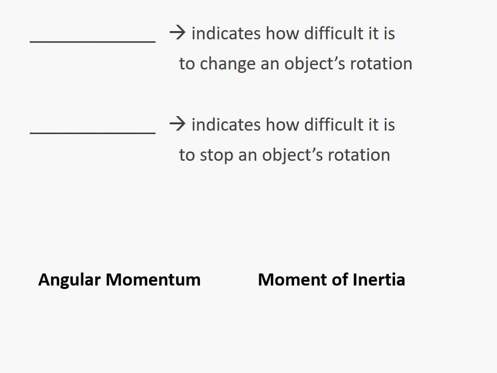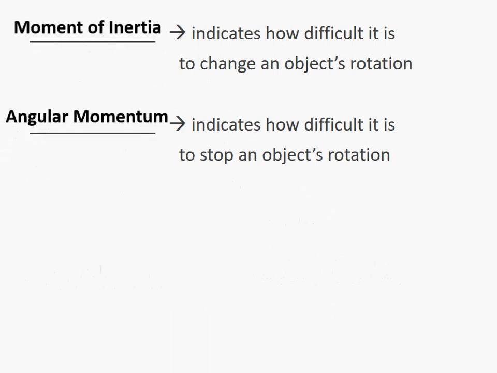Let's take a look. Moment of inertia indicates how difficult it is to change an object's rotation. Angular momentum is an indication of how difficult it is to stop the rotation.